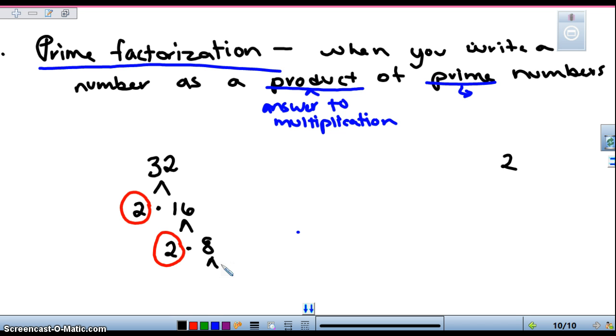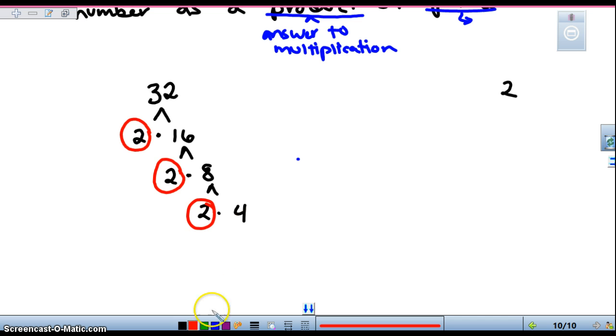What prime number times something else equals 8? 2 times 4. So 2 is our prime number. 4 is not prime, so we have to think. What prime number times something else equals 4? 2 times 2. In this case, both numbers are prime. We have nothing else to branch out on, right?